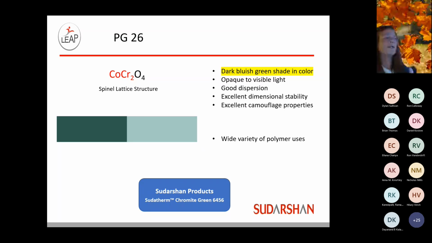It'll hit you right away that this has a very good color associated with that army green, the camouflage green that is very used in there. So with its opacity to visible light, it helps with those camouflage properties. And this product, the Pigment Green 26, will be launched early next year into our Sudatherm product lineup.